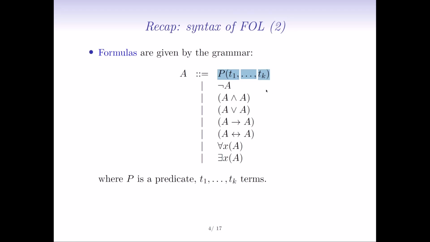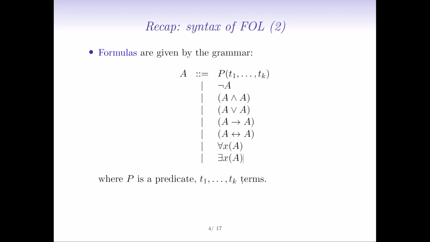Next, we also have all the connectives from propositional logic: negation, conjunction, disjunction, implication, and bi-implication. And finally, we have the two quantifiers, for all x A, and there exists an x such that A.